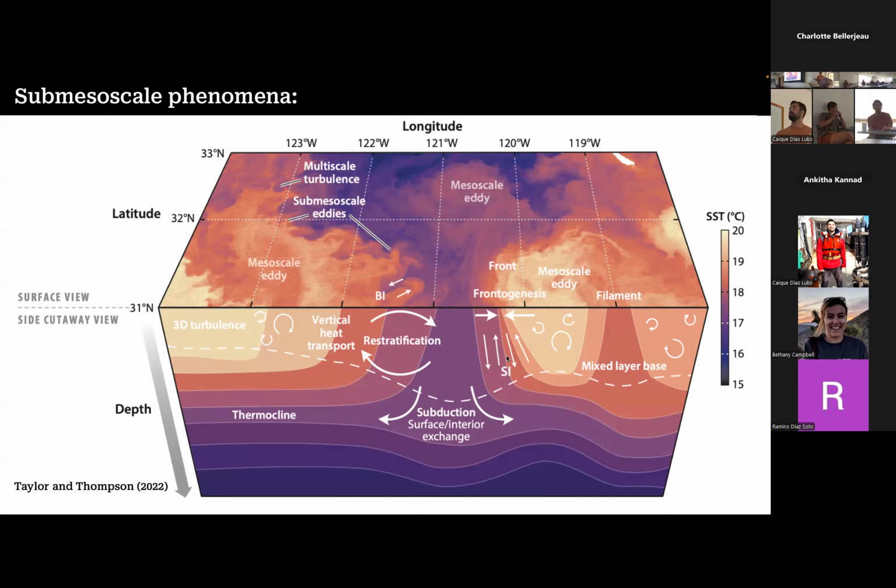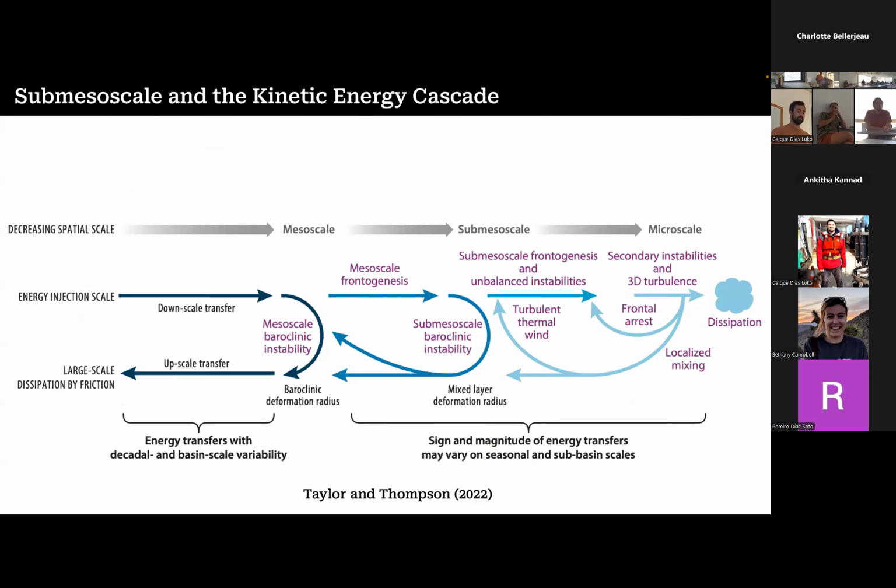Each of these phenomena contributes differently to turbulence. This is a schematic of a kinetic energy cascade. Charlotte is going to talk a lot about it. On the left side of the schematic, we have larger scale processes, and on this side, we have small scale processes. The energy is injected at larger scales and cascades down to turbulence through different processes.